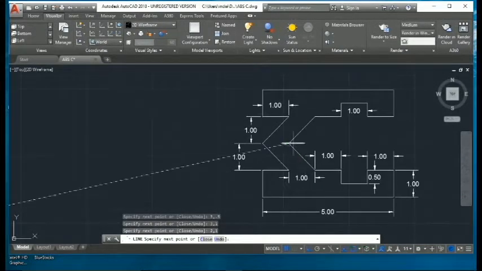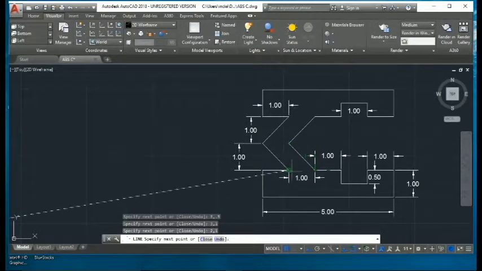And the next point will be this point. We do not know the length of this line, we have no idea about the length of this line, but we know that the horizontal distance of this point is 1 and the vertical distance of this point is 2. So the point will be 1, 2.